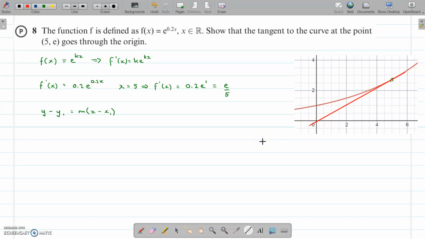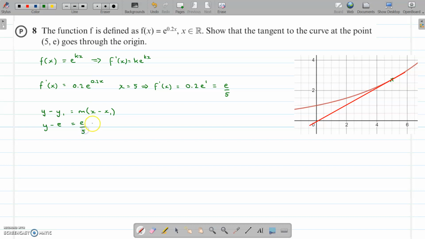So let's just conclude that then. Basically we can say now that y minus y1, the point (5, e), so y1 is e, that's a known point on the line, that's the y coordinate, and the x coordinate is going to be 5, and the gradient is e over 5.